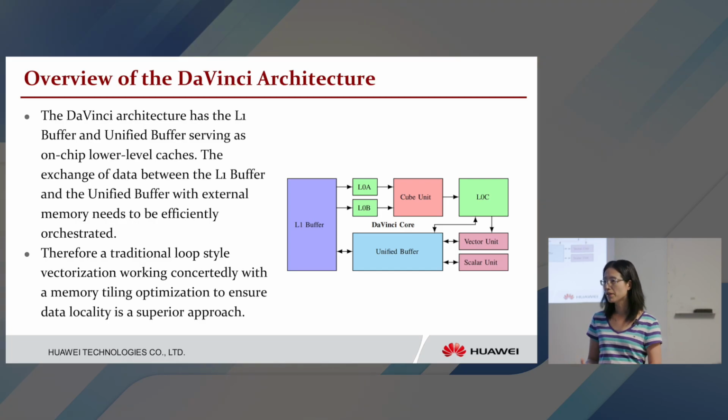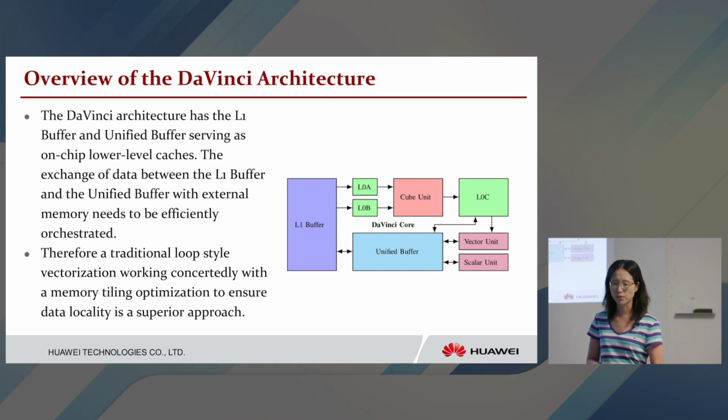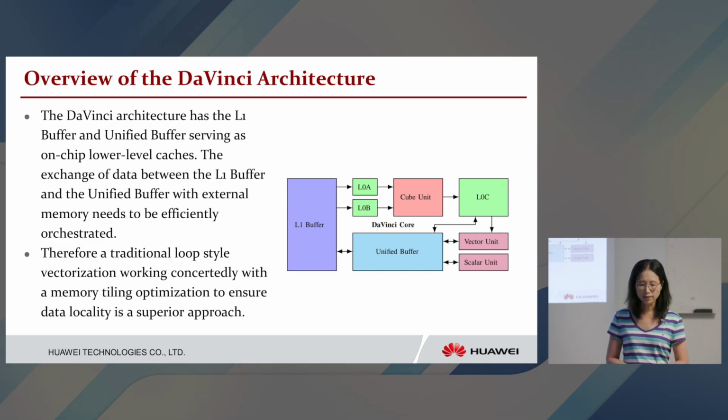It's proven to be very difficult for the reason that on CPU, we enjoy a memory subsystem. You count on the cache coherency mechanism to manage the cache, the data movement for you. But in this architecture, we don't have the luxury from hardware, so we must do it ourselves in the compiler. Therefore, just to note, it comes with a powerful cube unit.